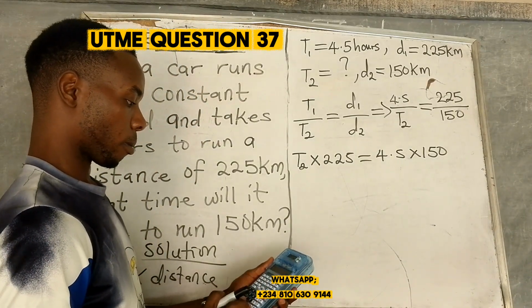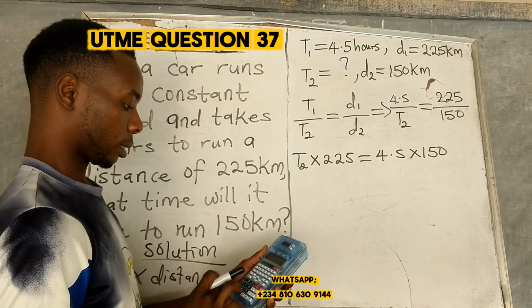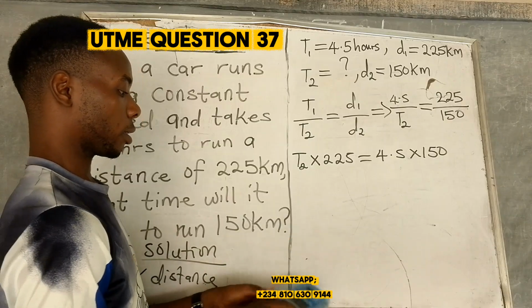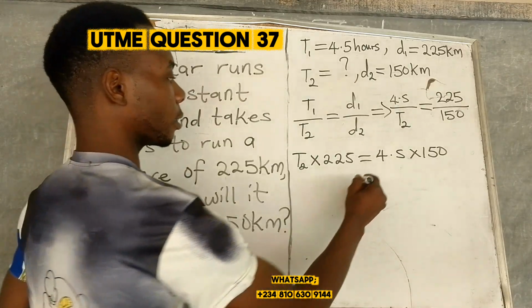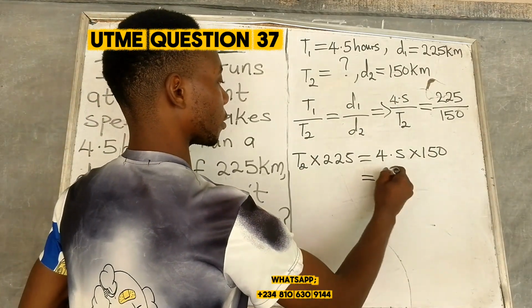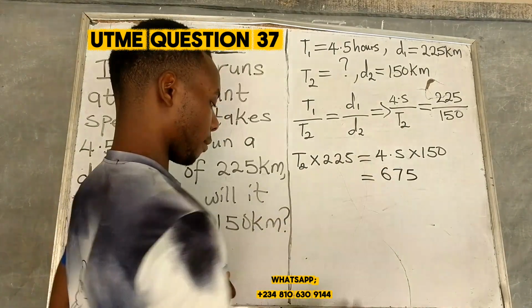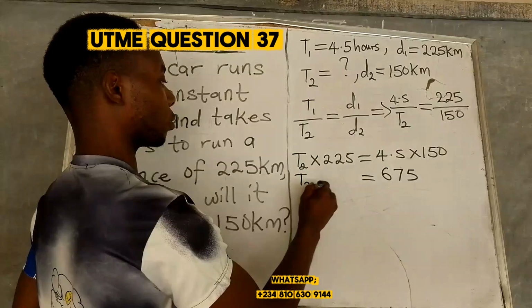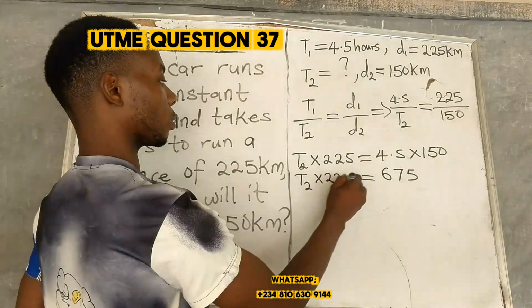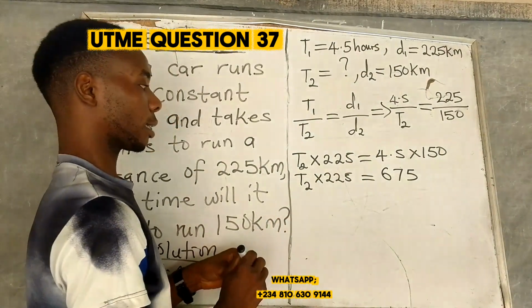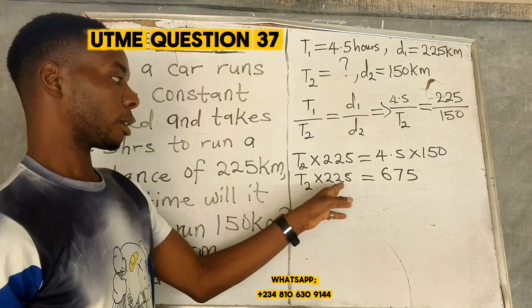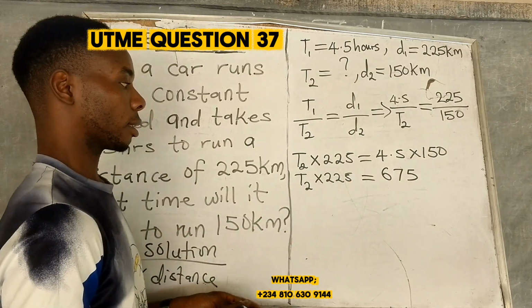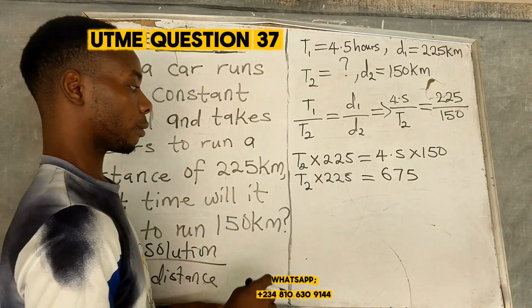What will it give us? 4.5 times 150 is 675. So T2 times 225 is equal to 675. The next thing is to divide both sides by 225.